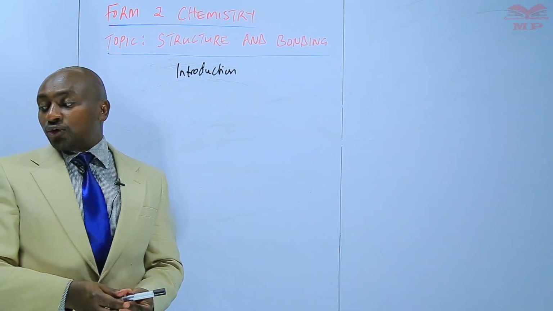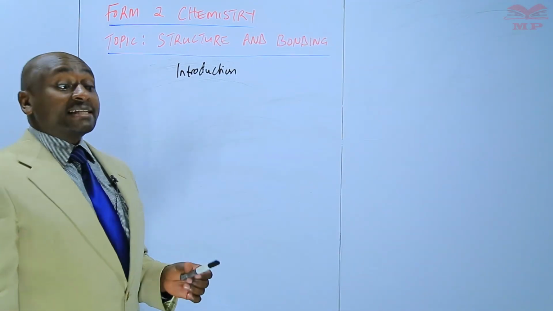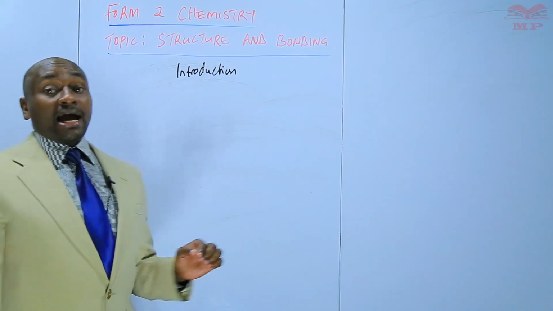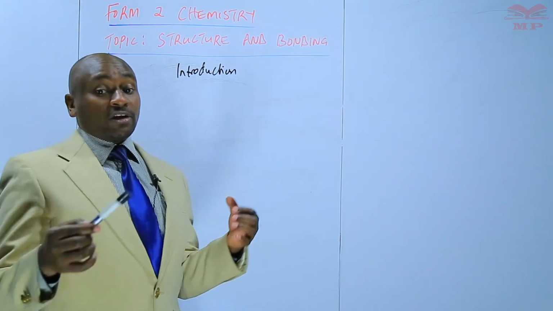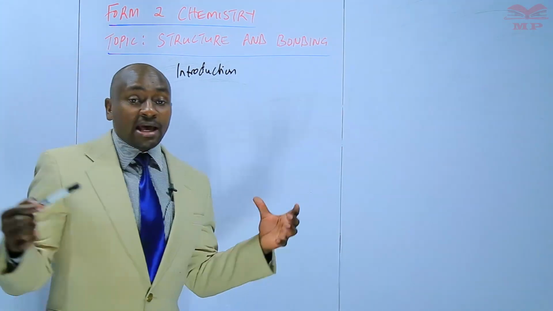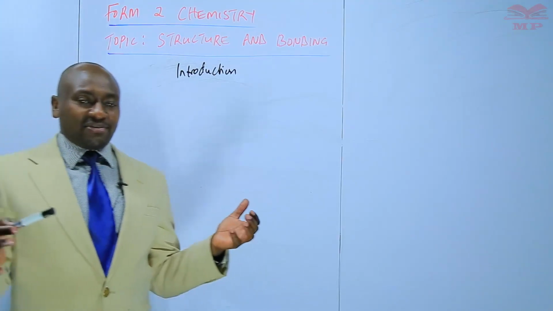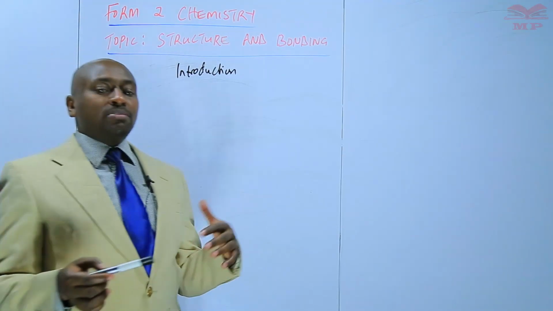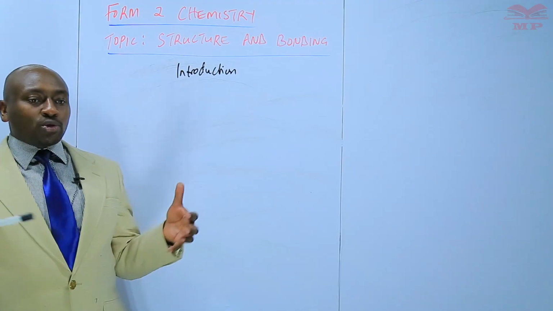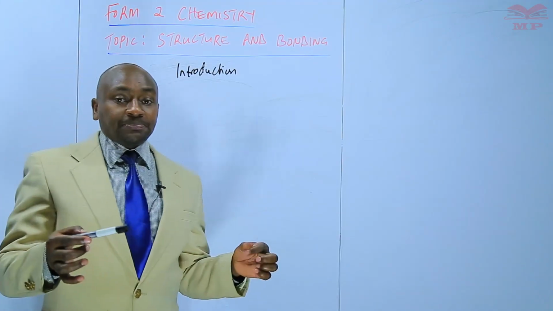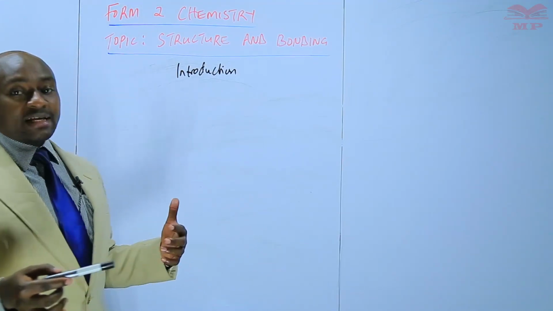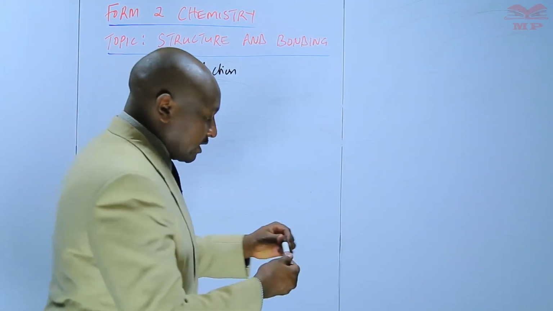A bond is a force of attraction that exists between atoms, that brings the atoms together. They can be 2 atoms or they can be more than 2 atoms. So when those atoms come together, we can say that they have a bond between them.